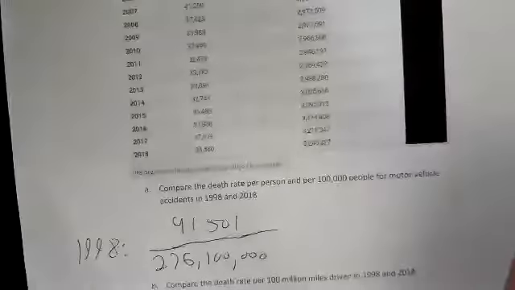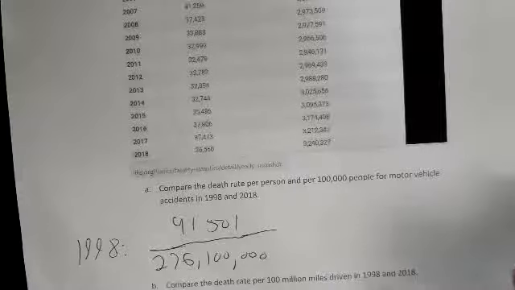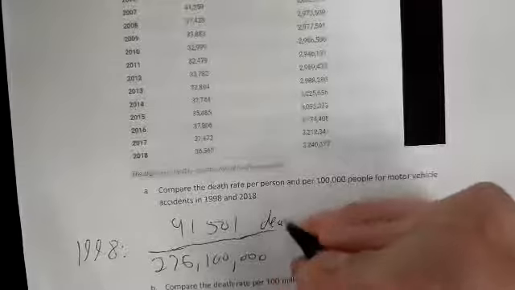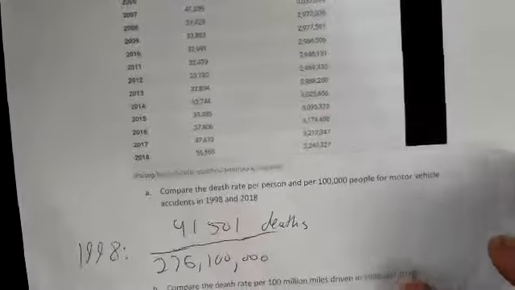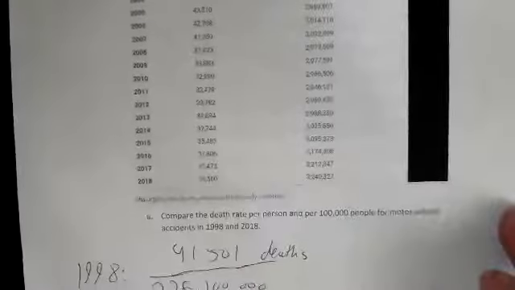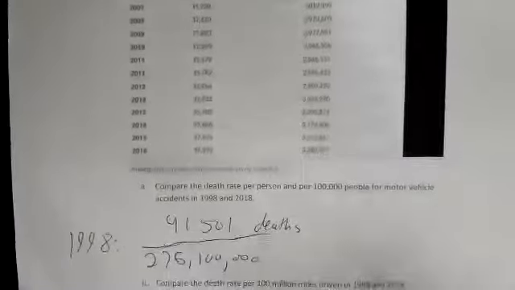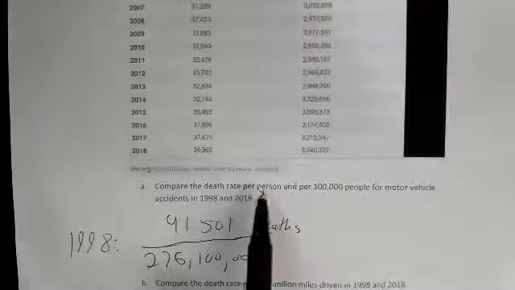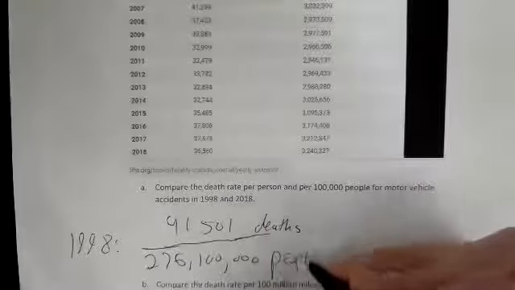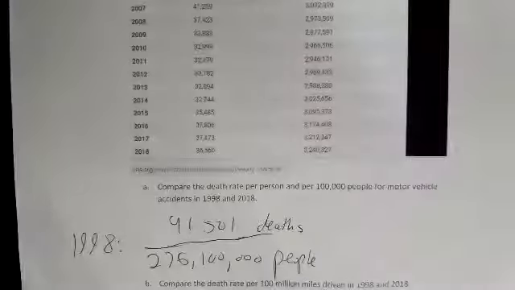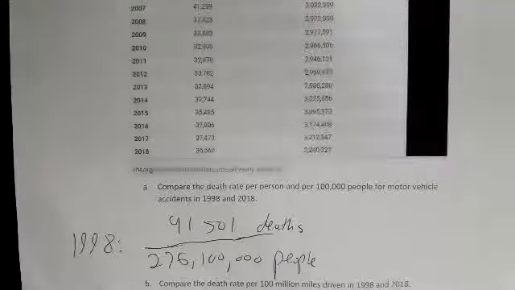Did I do that right? You said 41,501, I got that part. Oh yeah, we're doing death rate per person. So the population in 1998 was 276 million, and the population in 2018 was 320 million. The next one we're doing per mile, so that's what you're looking at. Oh, okay. Thank you. Sorry.